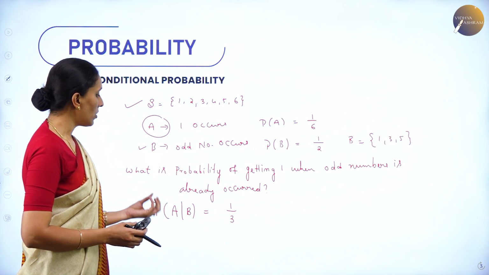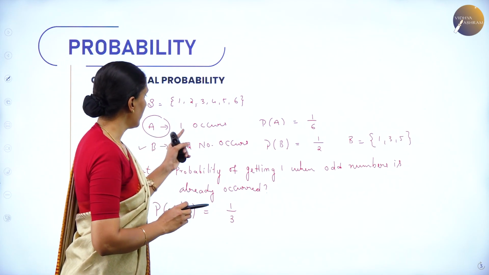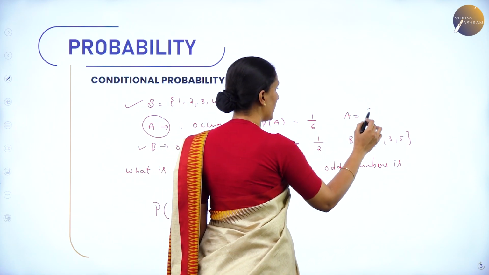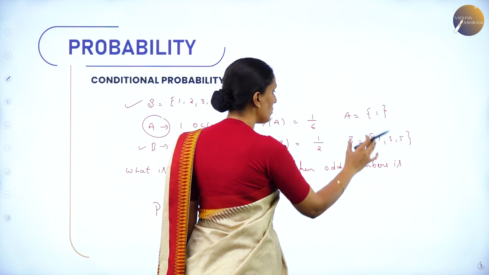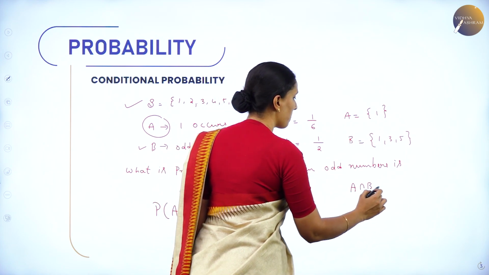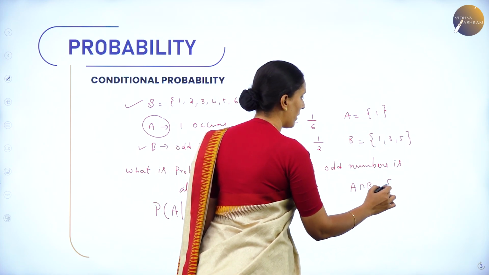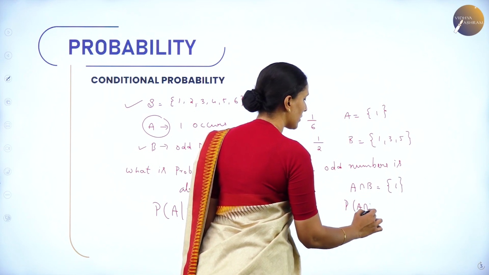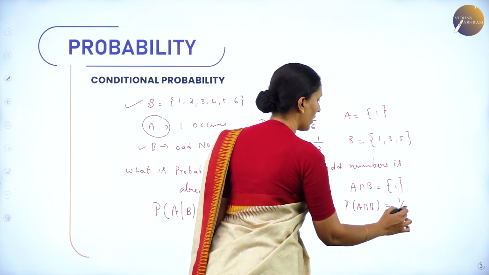Now let's also check here. We know that event A has the outcome 1. And when we take A intersection B, the common element is 1. So clearly, the probability of A intersection B is equal to 1 by 6.